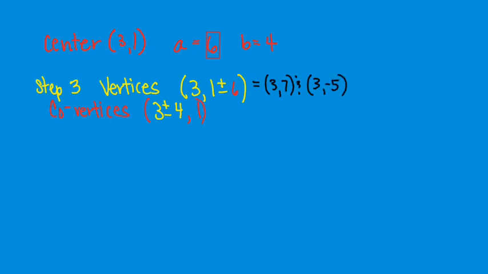And this gives us our vertices and our co-vertices. It's not very difficult as long as we remember that a goes along with the major axis and b goes with the minor axis.